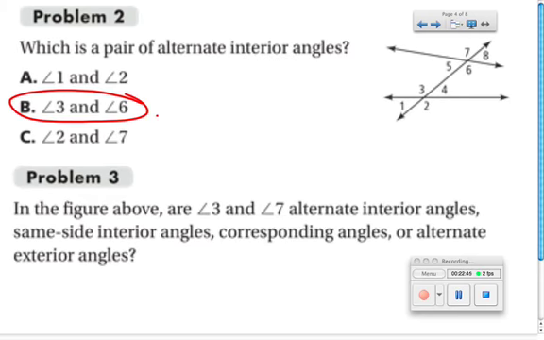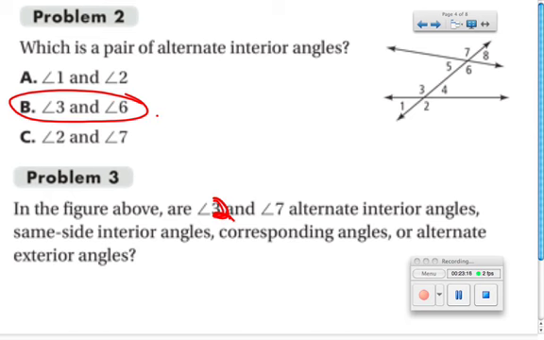In problem 3, and I moved things around on this set of notes. Mine is different than yours. Angle 2 and angle 7. Okay, so in problem 3, I'm being asked about angles 7 and 2.